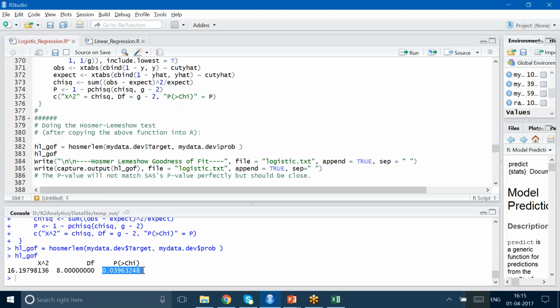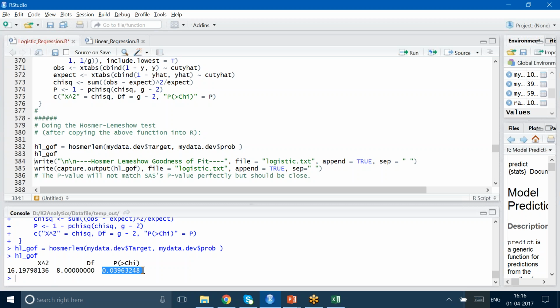Observed should be close to expected in this case. The null hypothesis is that there is no difference between observed and expected. The alternate is that there is a difference between observed and expected. For the null hypothesis to be accepted, if the threshold is 0.05, what p-value are you expecting? You are expecting the p-value to come above 0.05.